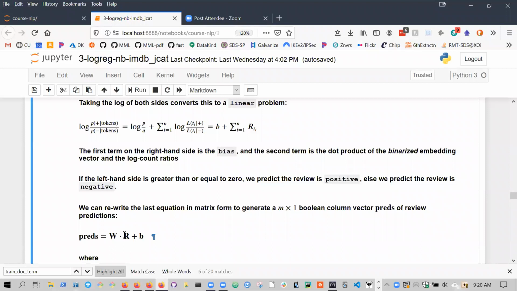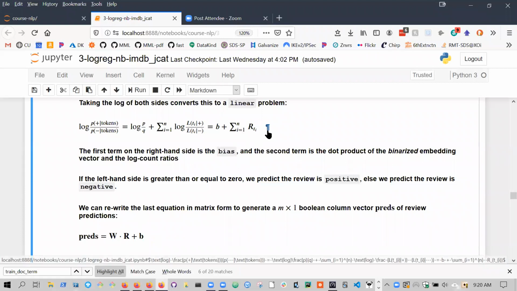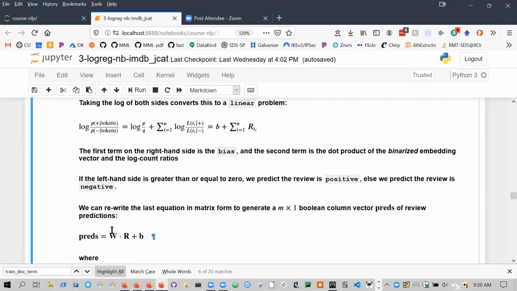If you take W dot R, the first line gives you the sum from i equals 1 to n of R_i over all the terms. It's basically a dot product of a row in the document term matrix with the column vector R, the log count ratios.